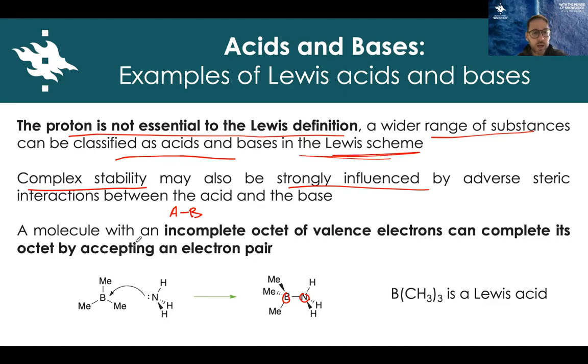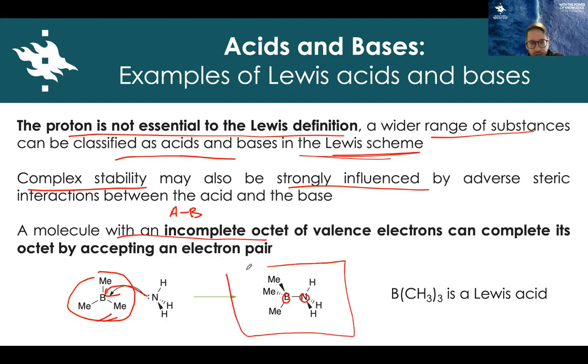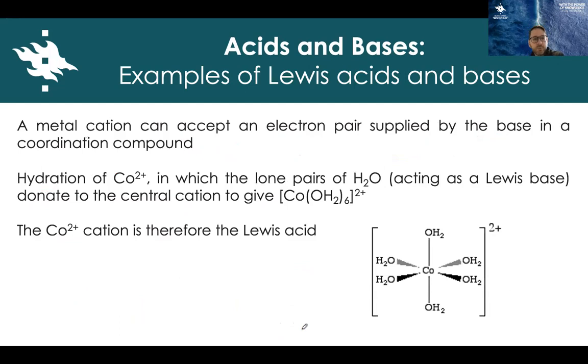All right, so a molecule with an incomplete octet of valence electrons can complete its octet by accepting an electron pair, such as in this case. So here, this species is an acid because it receives the electron pair from the ammonia molecule, and here the ammonia is the base, forming this type of adduct, which is the AB adduct that we were talking about before.